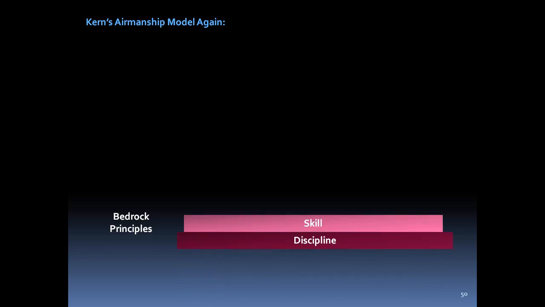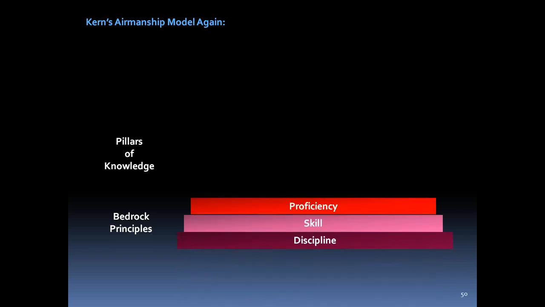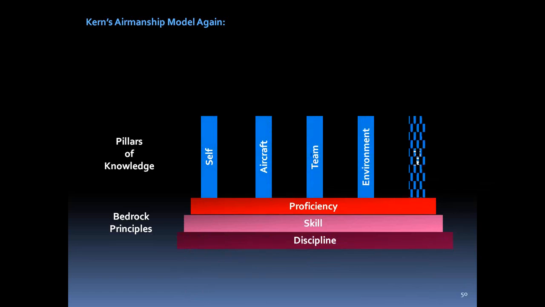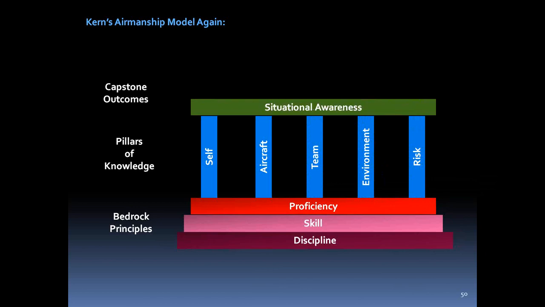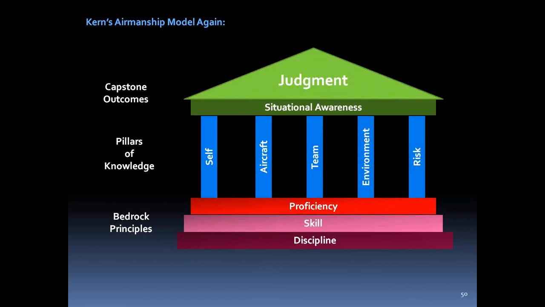Let me come at that one more time in a little different way. If we practice the bedrock principles of discipline, skill, and proficiency while always striving for perfect knowledge of self, aircraft, team, environment, and risk, we can expect ever-improving capstone outcomes of situational awareness and judgment.